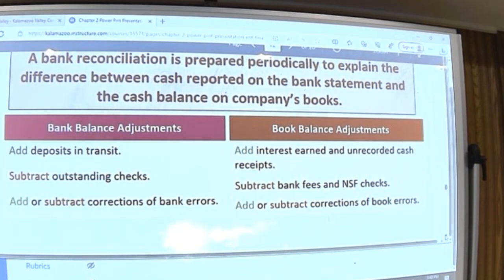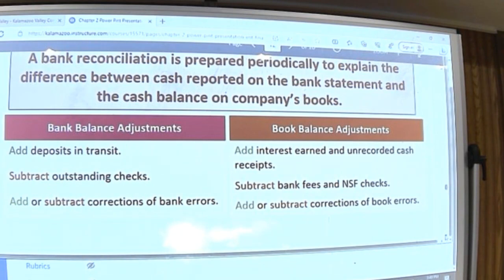If we have made a deposit, let's say that we had some checks and it was after banking hours, we went to a night depository slot and we put in our deposit, but the bank wasn't going to have knowledge of that and get it onto our statement for a day or so. We show that deposit on our books. We call it a deposit in transit. We add it to our bank balance.